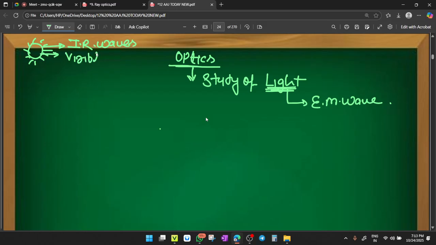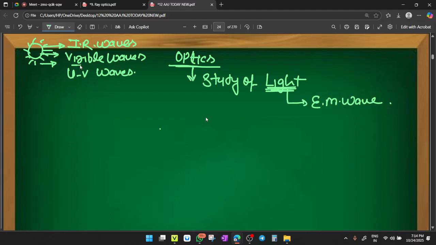Then visible waves, and at last the third wave is UV waves. So three types of waves are radiated by the sun: IR waves, visible waves, and UV waves.